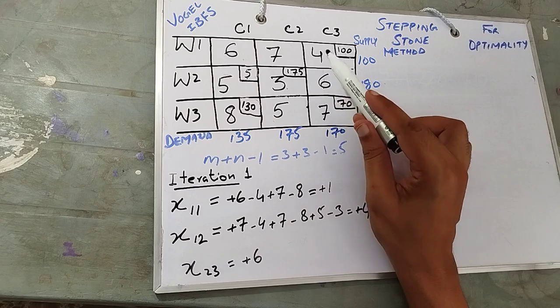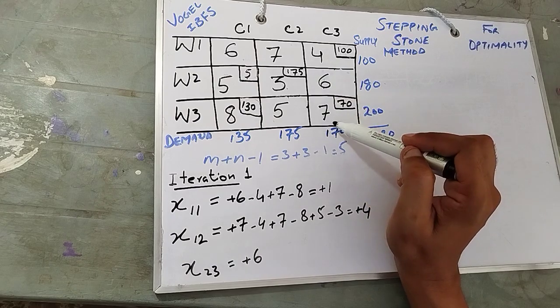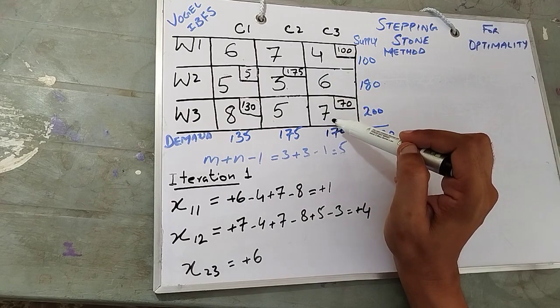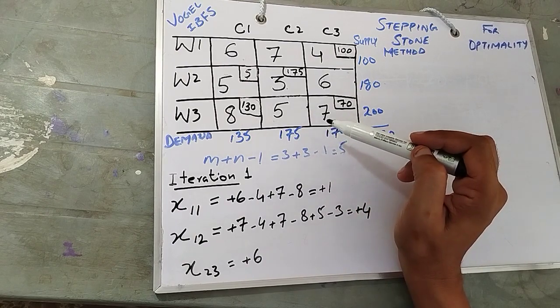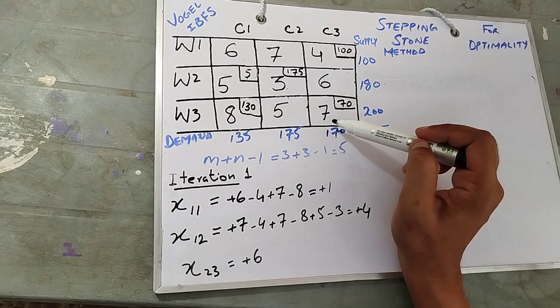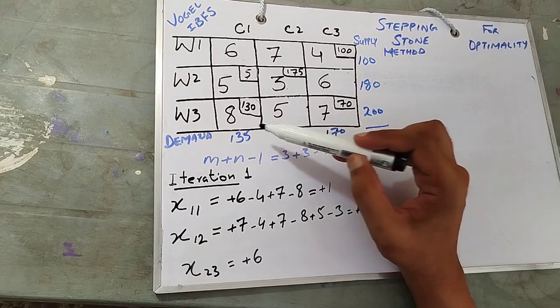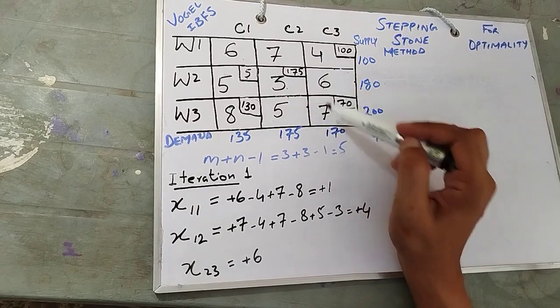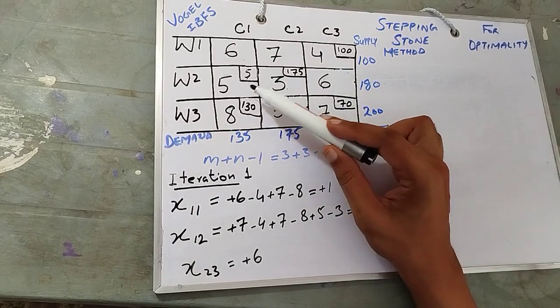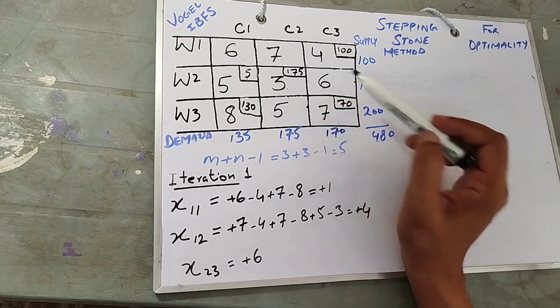We can go to either 4 or 7 in the vertical, but we will prefer 7 because we have the second destination from 7. So we'll go to 7, 7 to 8, 8 to 5, then we'll ignore 3, then reach 6.